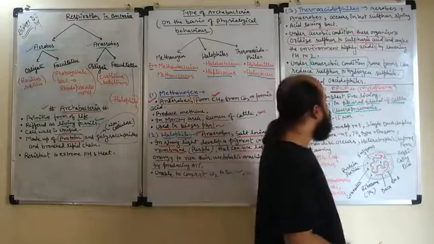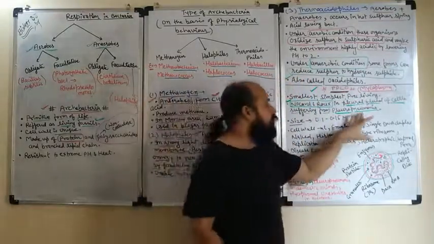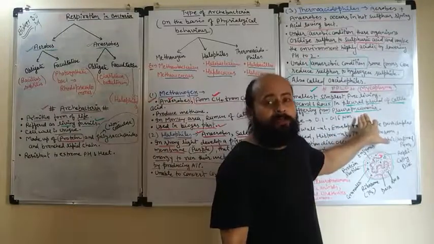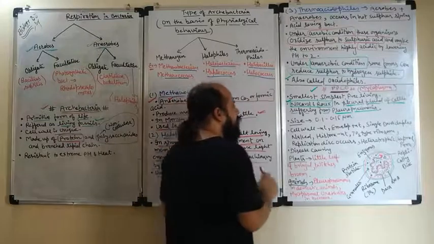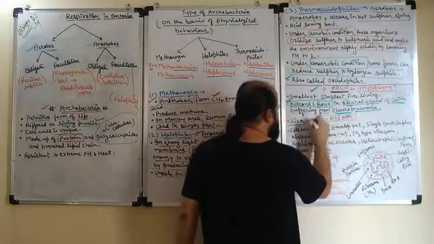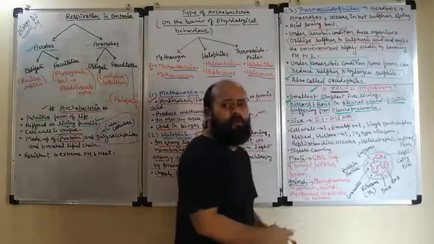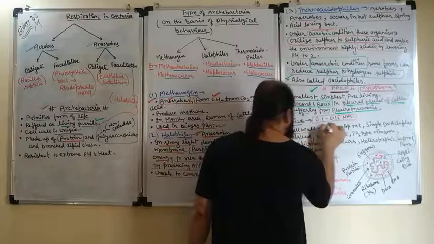Nocard and Roux observed mycoplasma in the pleural fluid of cattle suffering from pneumonia disease. Their size is very small, ranging from 0.1 to 0.15 micron. The main important point is that the cell wall is absent.